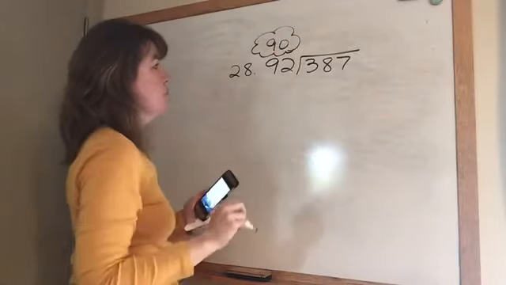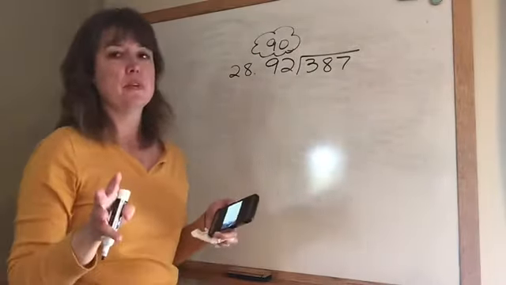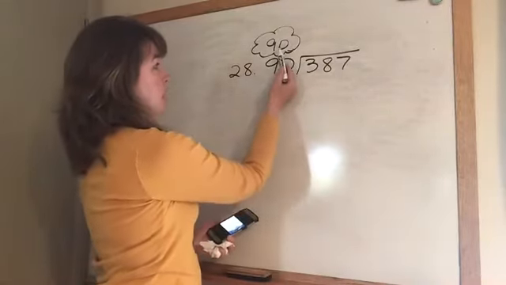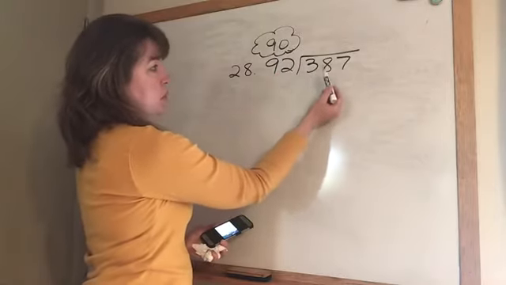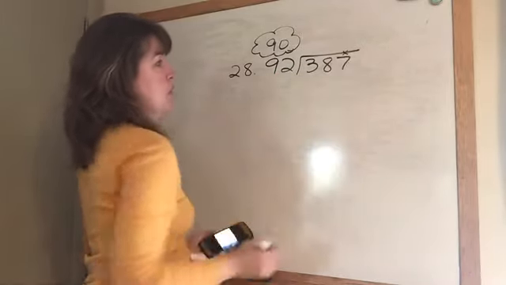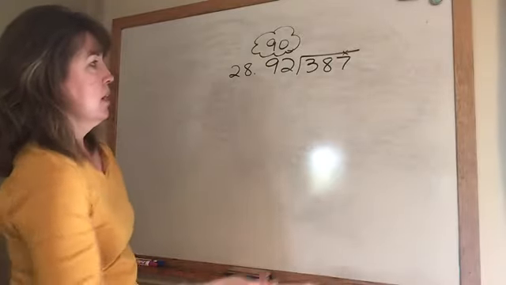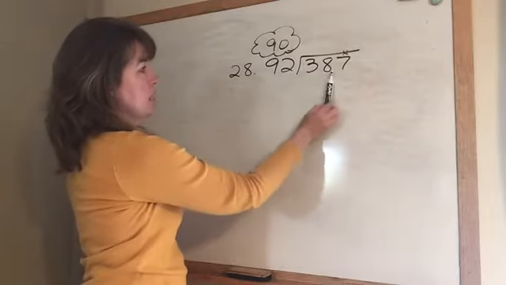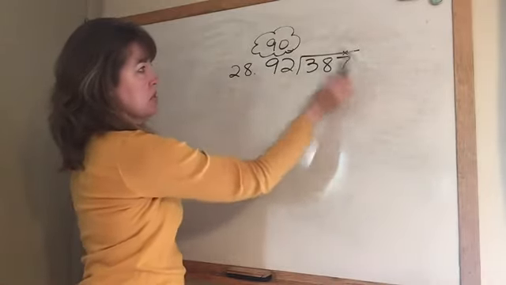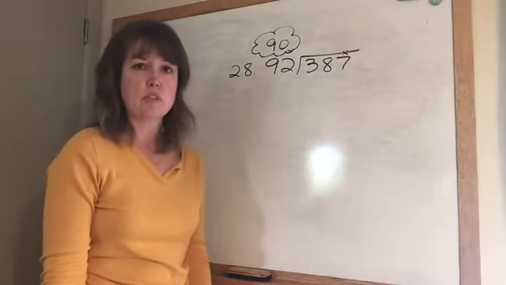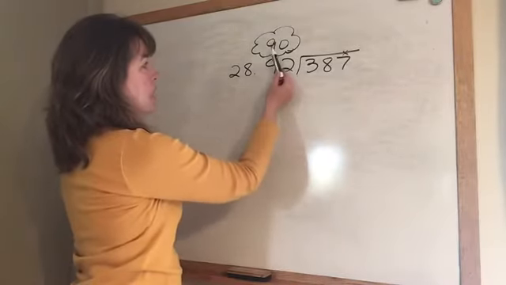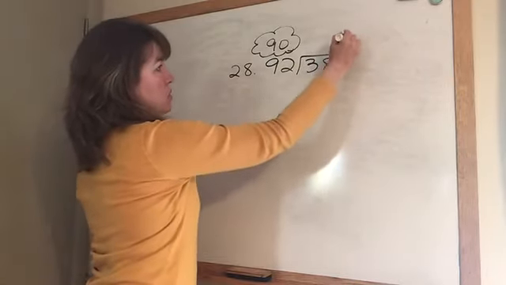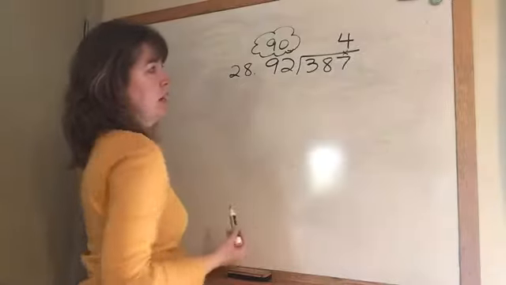It's easier to divide when you have a multiple of 10. So 90 will not go into 3 or 38, so we need to divide into the whole number, 387. Even though this isn't a 0, I'm just going to think of it as being 38 divided by 9. I'm going to pretend those last 2 digits aren't even there. So I know that 9 goes into 38 4 times. So you still put your 4 above the 7.